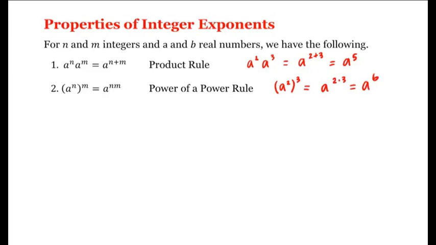Notice that in the first property, when the base is the same, we add the exponents, whereas in the second property, when you have a power of a power, we multiply the exponents. These properties are often confused, so know when to add and when to multiply.